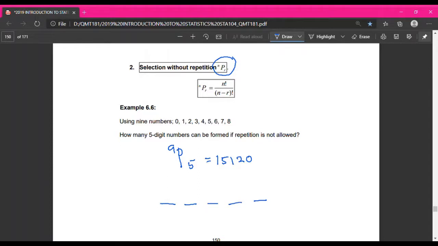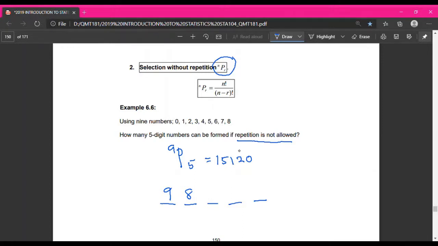Ataupun kalau tak nak guna formula macam tadi juga, we want to form the 5 digit numbers. So akan ada 5 tempat. The first place kita boleh gunakan all the 9 numbers. Okay, the second place we only can use 8 numbers sebab repetition is not allowed. Sebab dah guna. Contohnya dah guna 1 kat sini, kita letak nombor 8. Yang kedua dah tak boleh letak nombor 8. Kena ambil nombor 0 ke 1 ke 2, 3, 4, 5, 6, 7.